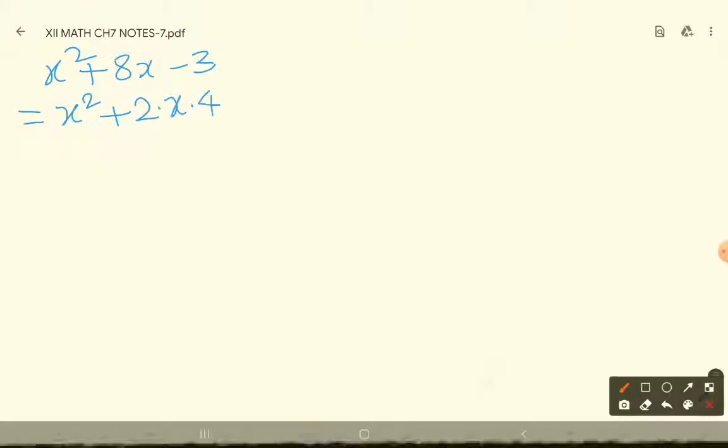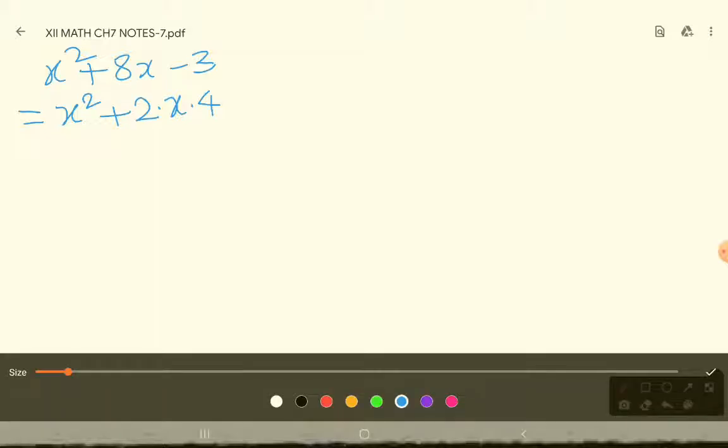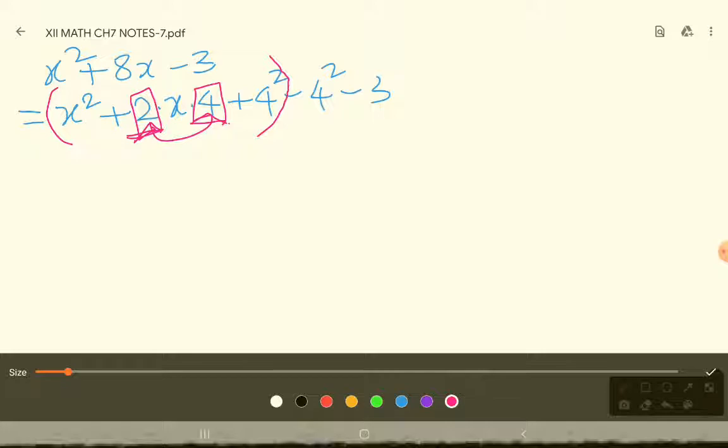Why is it 4? You should know why that is 4. The 2 is fixed always, remember. 2 4s are 8, that's why it is written like this. Then after that, you will have to write plus 4 square minus 4 square minus 3. Remember, this is a group to complete the square.